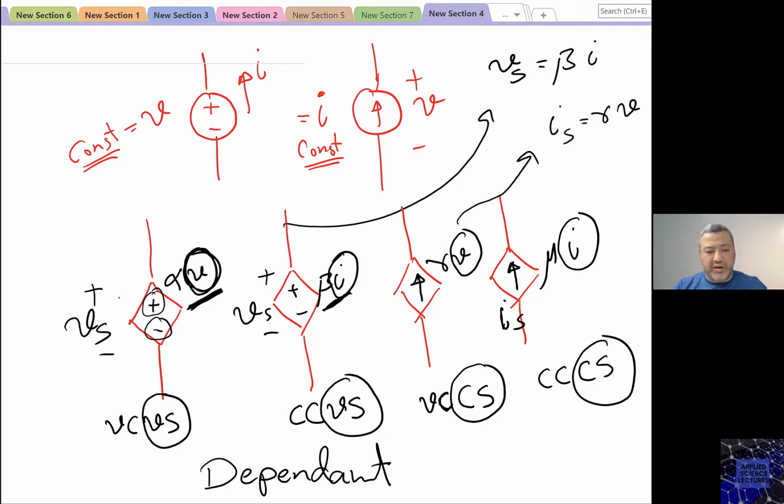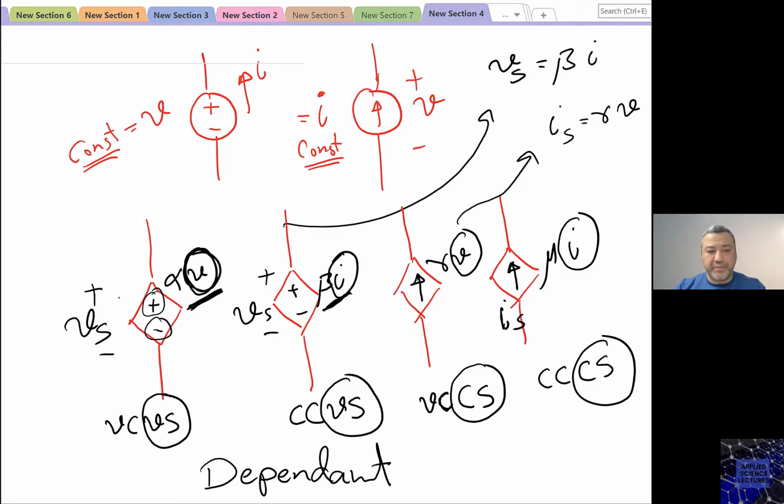And by the way, those are just constants. You can name them whatever you want. Sometimes you see them as numbers in the circuit. So those are just to show you the dependence relationship between the quantity that is controlling the source and the total amount of voltage or current generated by those sources.